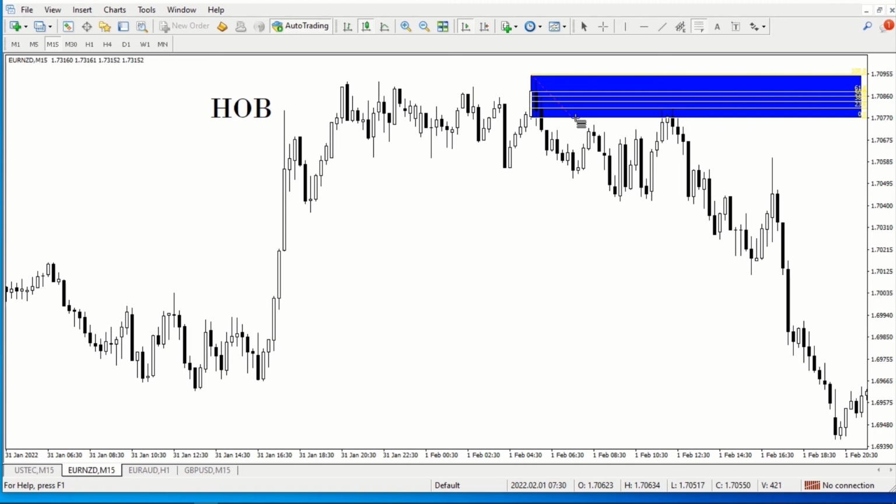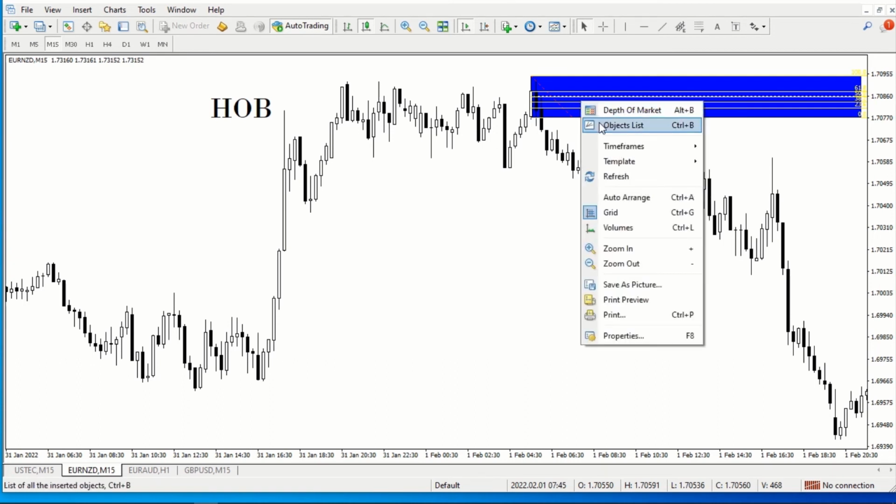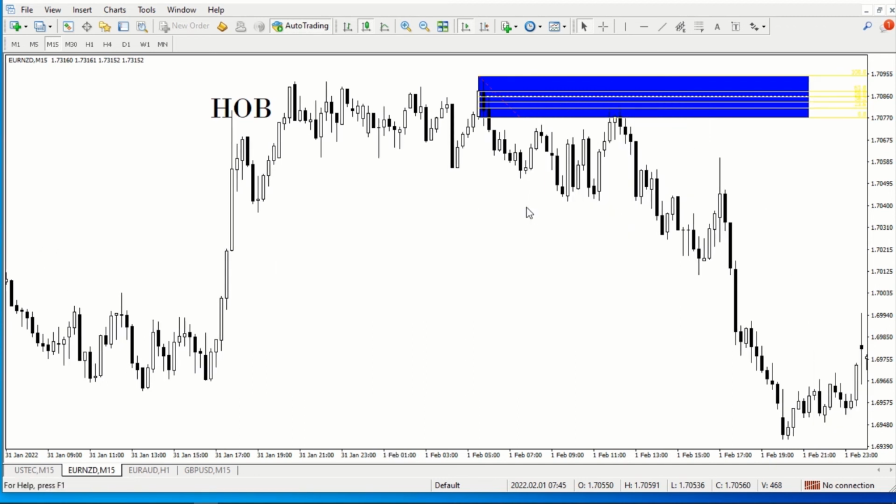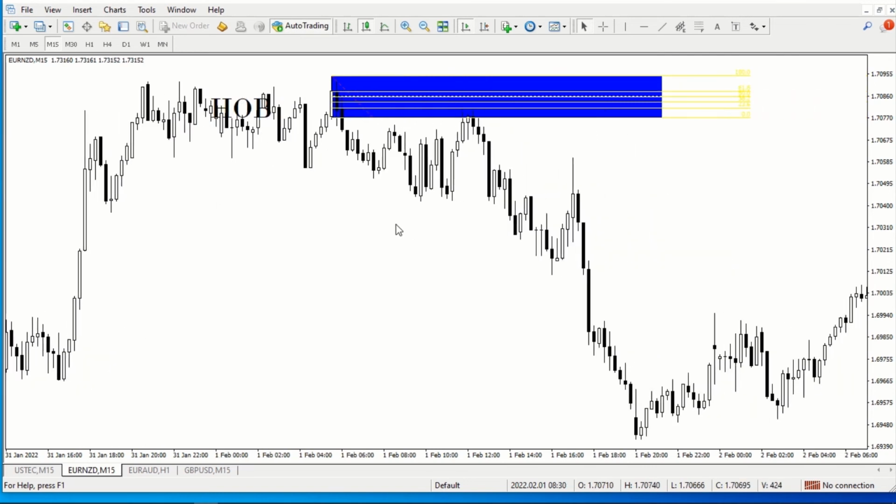Because if price were to trade beyond 50, 60, 70 upward, it would weaken the order block so it would not hold any price again. So that's how it is, my people. If you want to know how far price has traded into the order block, you just use your Fibonacci tool. That will guide you to see whether in future that order block will hold price or become weak.